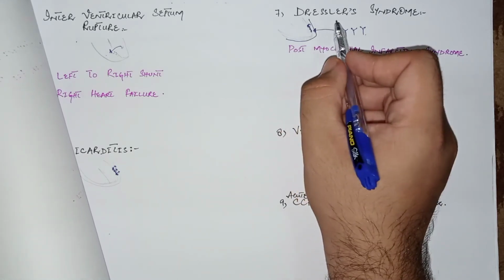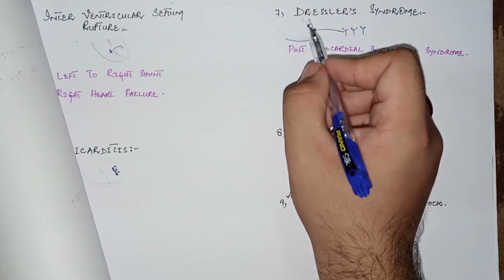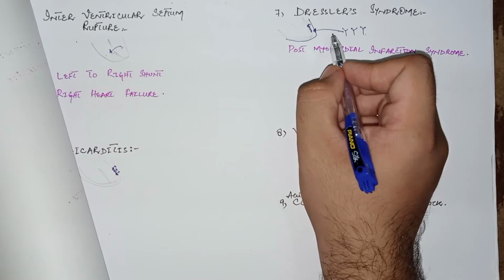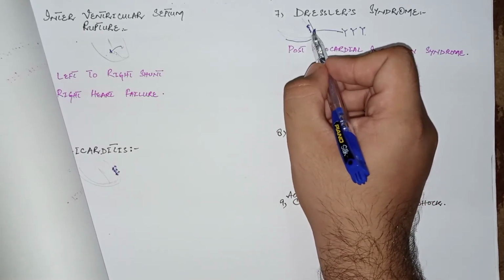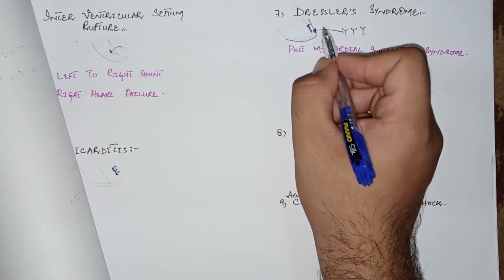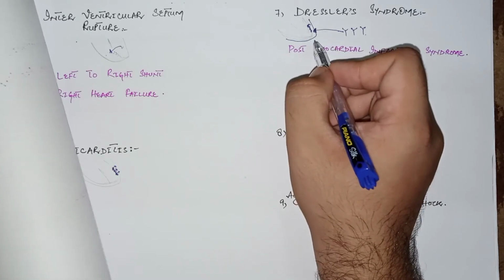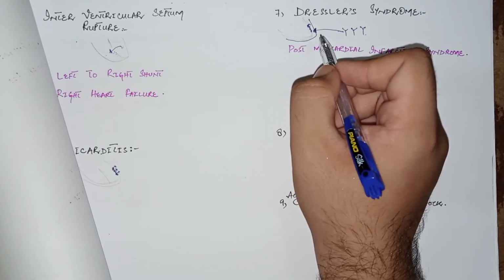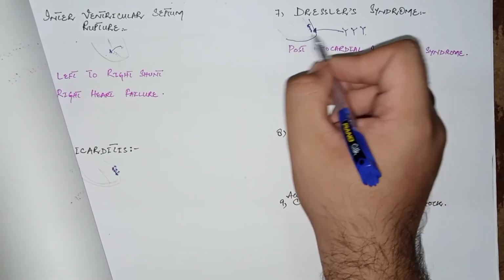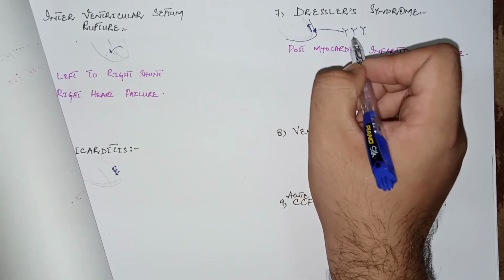So this is called Dressler syndrome. It presents with pericarditis because the antibodies are attached to the pericardium, and pleuritis because of attachment of antibodies to the pleura, fever and leukocytosis because of inflammatory processes going on in this mechanism.